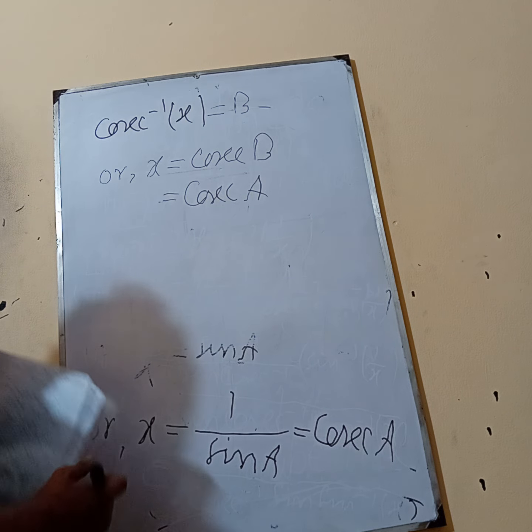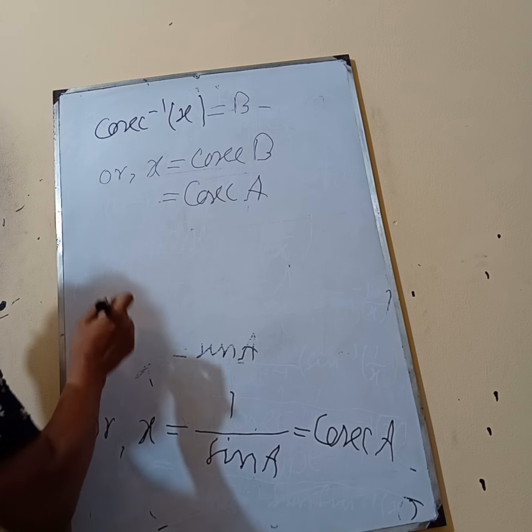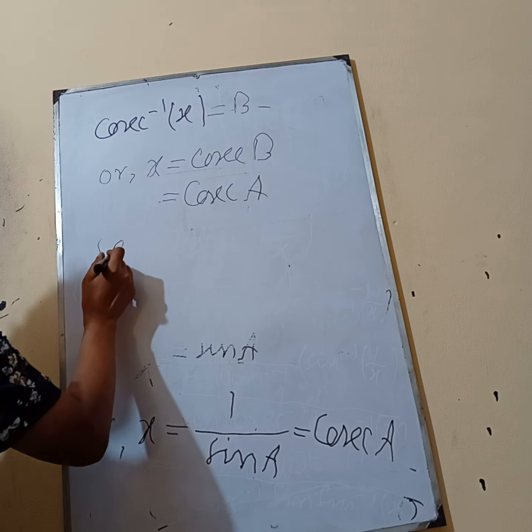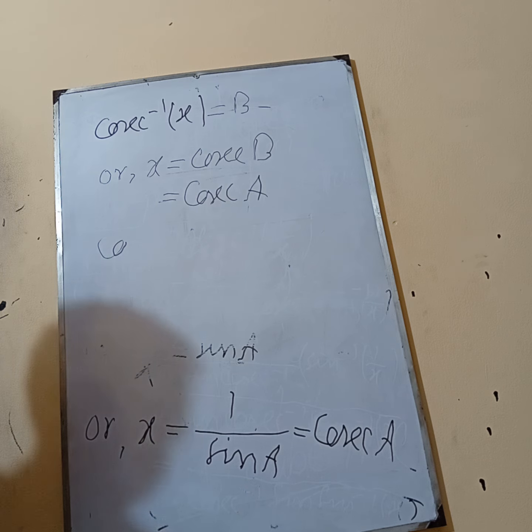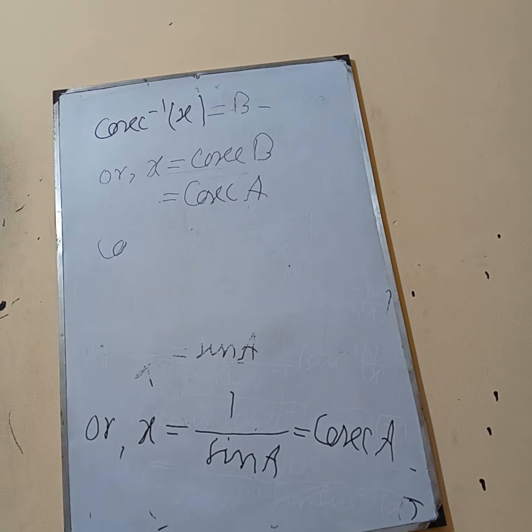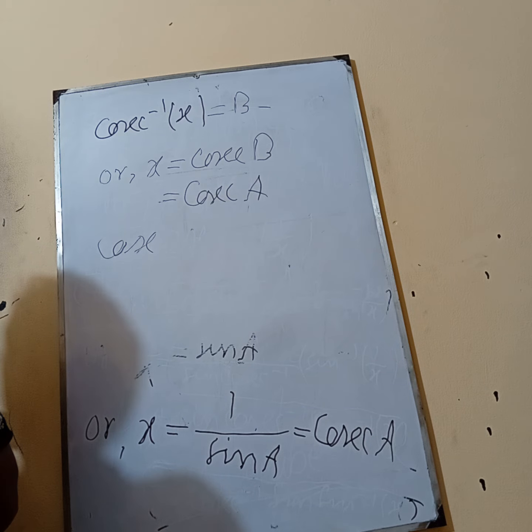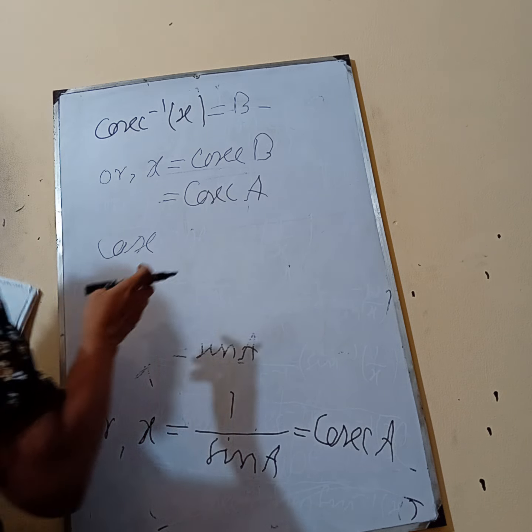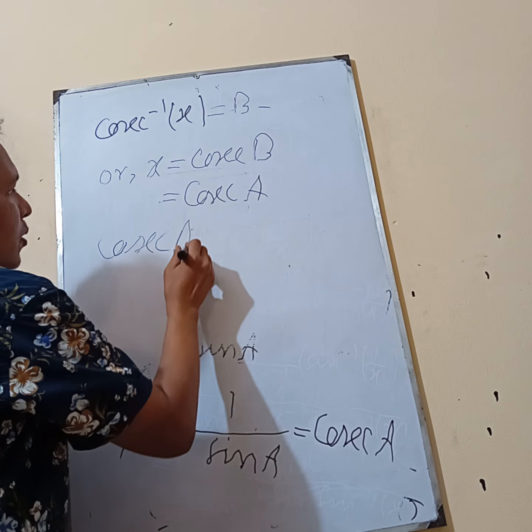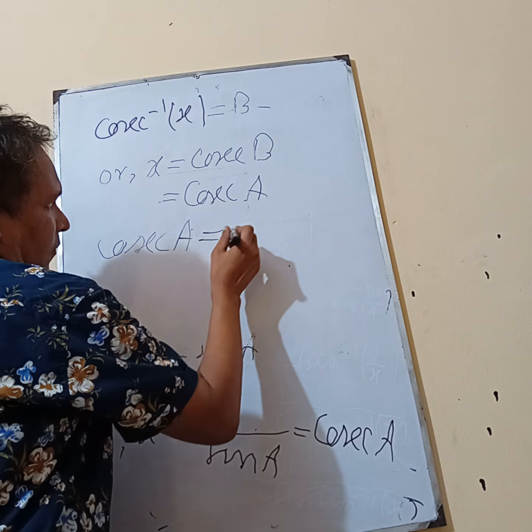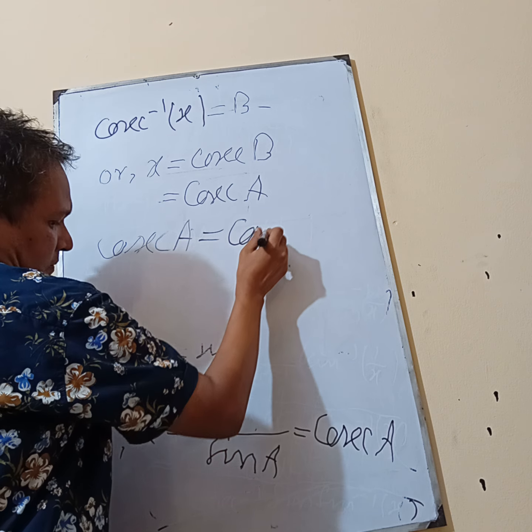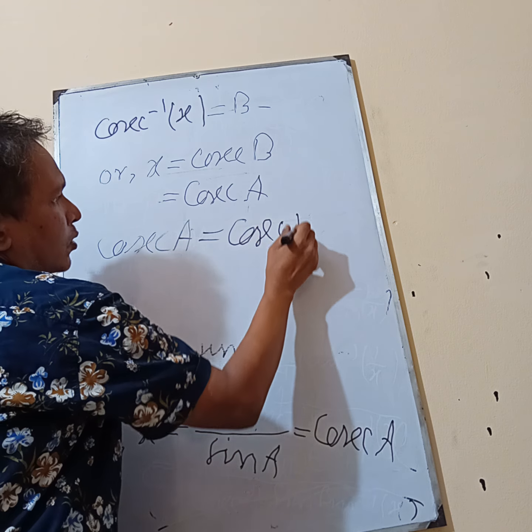So cosec a is equal to cosec b, is equal to x.